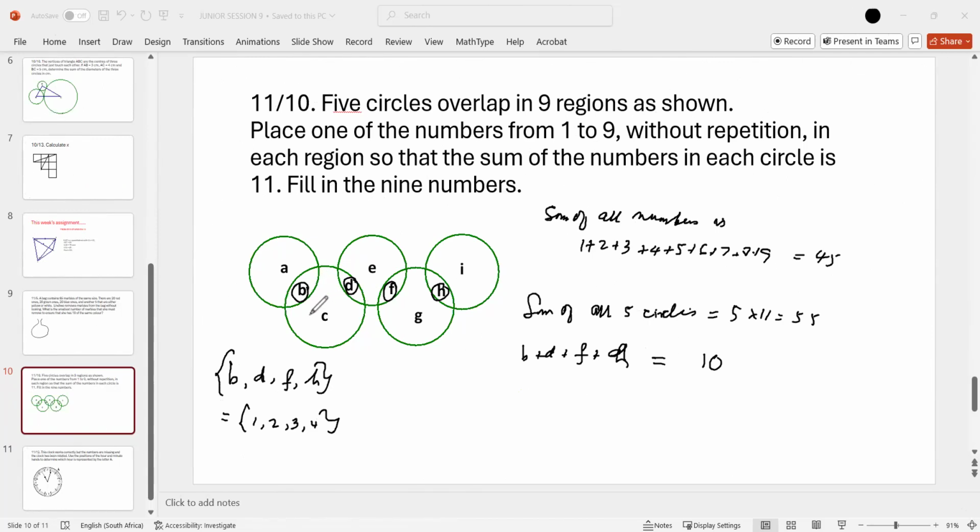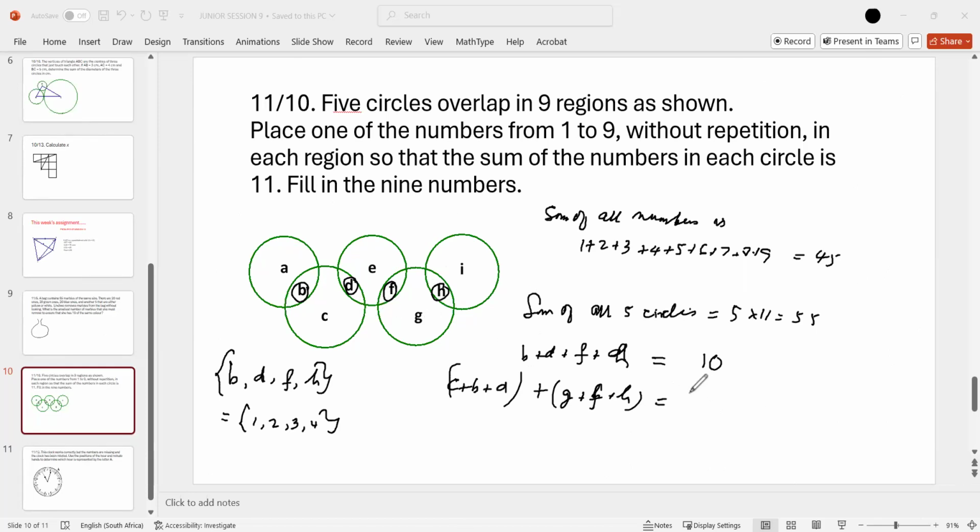Now, another interesting thing is that if you add these 2 circles, you see B and D occur in that circle. F and G also occur in this circle here. And if you add up all these numbers, let's put it this way, C plus B plus D, that's the numbers in this first left-hand circle, plus G plus F plus H, that's the 3 numbers in the other circle at the bottom.